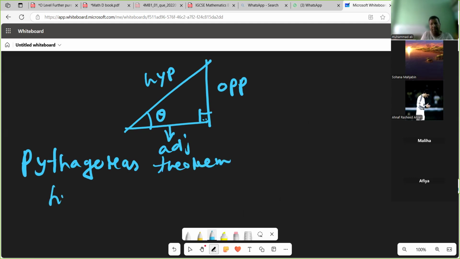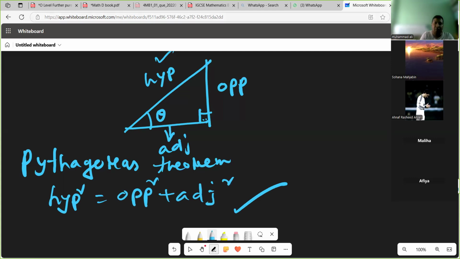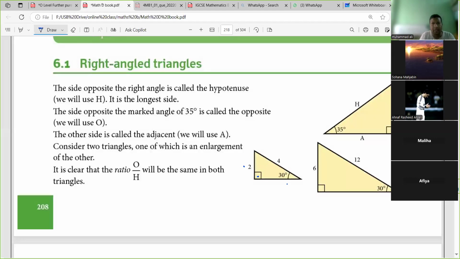So it will be hypotenuse square equals opposite square plus adjacent square, right? So we have to remember this formula. Okay, this is the basic thing.